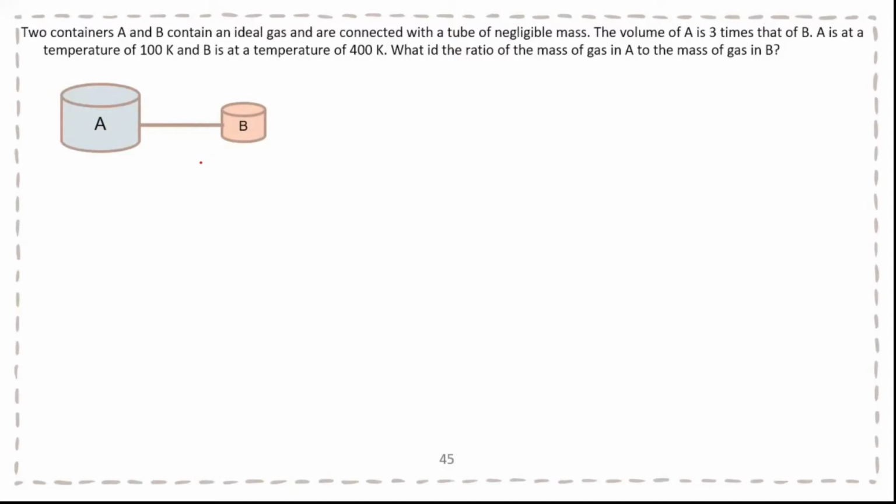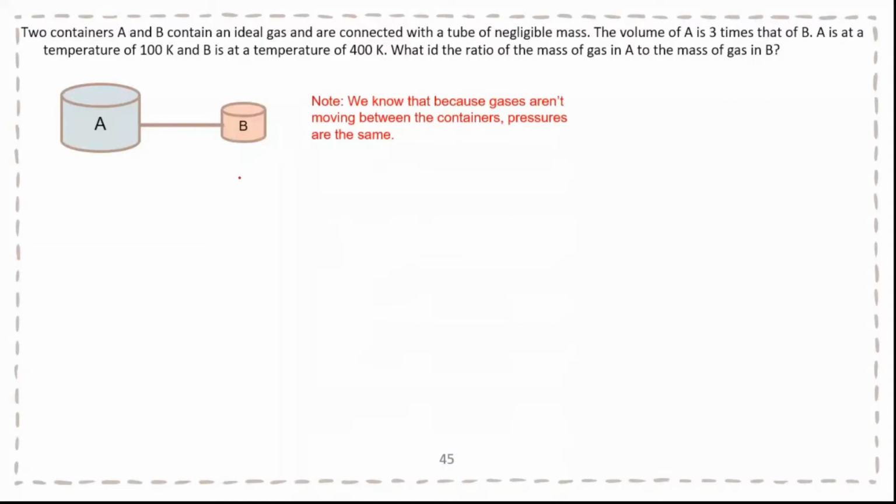So we are asked to calculate the ratio of the mass of gas A to the mass of gas B. To solve this, we know that gases aren't moving between the containers, there is no flow of gases here, so they are in equilibrium. So the pressures are the same.